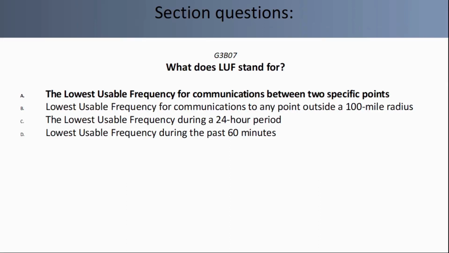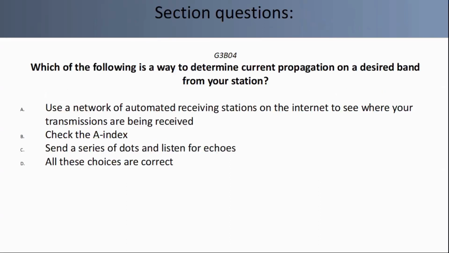That's how you find the right answer for that one. Okay, which is the following way to determine current propagation on a desired band from your station? The only correct answer here, and the only one on this topic, is the use of a network of automated receiving stations. Go on the internet and see if your signal's being heard.